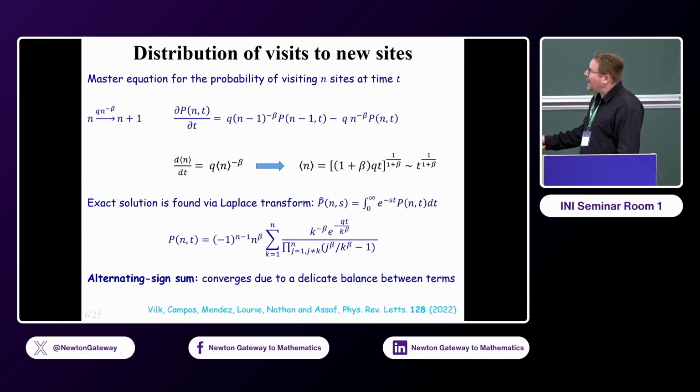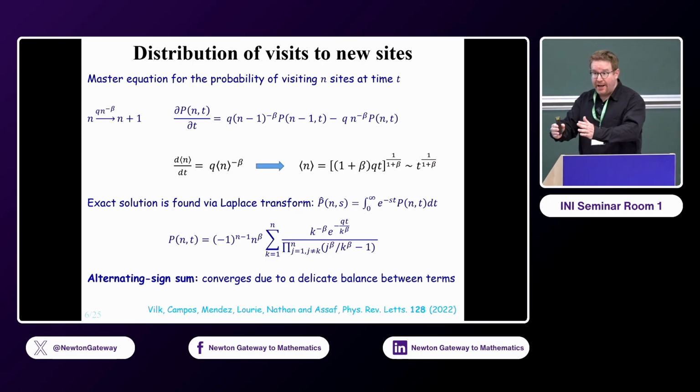And in order to get some insight, we can look at the dynamics of the mean number of sites. Here is the differential equation that the mean satisfies. The asymptotic solution is just t to the power of 1 over 1 plus beta, so it grows sublinearly in time.